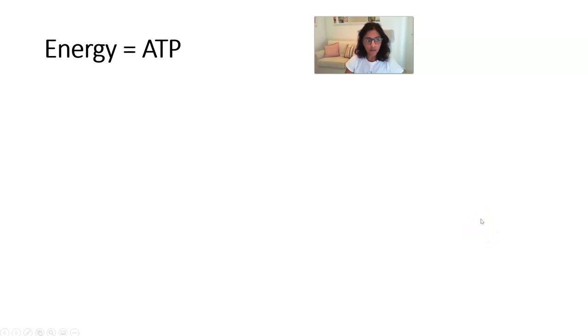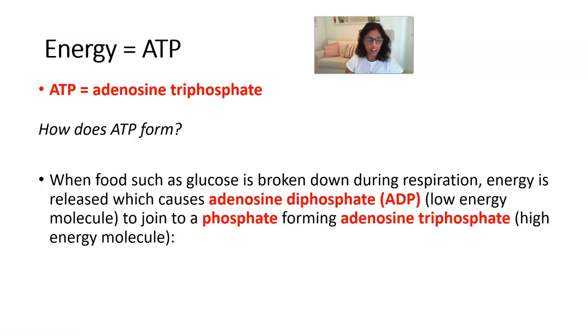Okay, so we now know that the form of energy that we refer to is adenosine triphosphate, and it forms through a series of reactions. So glucose that is broken down during aerobic respiration or anaerobic respiration means that this low energy molecule, which is adenosine diphosphate, so the di tells you that there's two phosphate groups there.